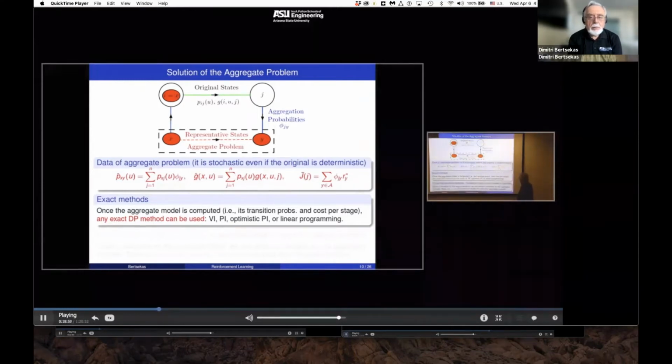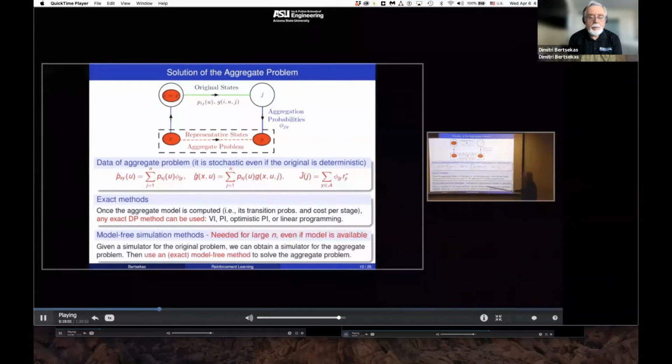Otherwise, I will need to have some different way to deal with this problem, and the way to deal with it is with simulation. If I have a simulator for the original problem, then I immediately get a simulator for the aggregate problem because my fees are given. So all I have to do is concatenate the system transitions with the fees, and I get a simulator for the aggregate problem.